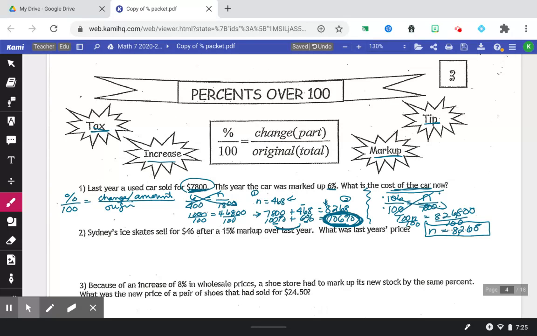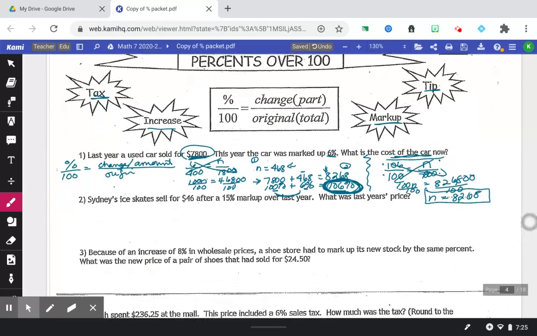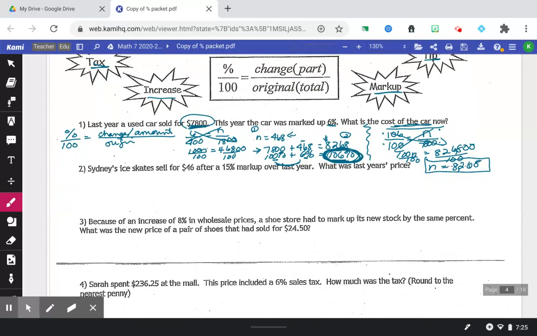Let's look at, I'm going to come back to number 2. I just want to do another example like number 1 first. So let's jump down to number 3. It says, because of an increase of 8% in wholesale prices, a shoe store had marked up its new stock by the same percent.